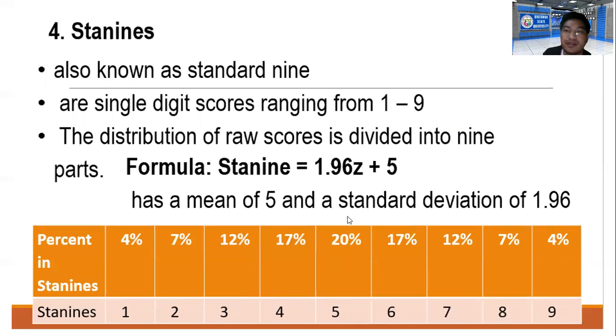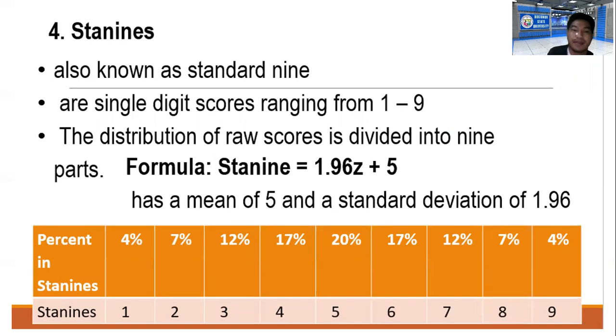So for example, you have a group of students in your class, and then you can just place their scores into different stanines. For the highest scores, you get the top 4% of them, whose students belong to stanine 9. Or if you have stanine 1, it's the lowest 4% of the scores of the students.